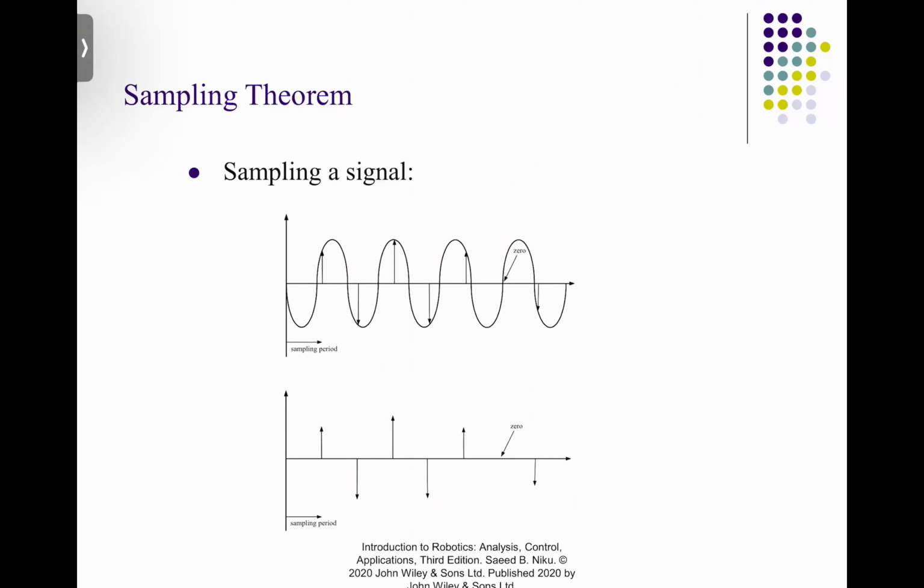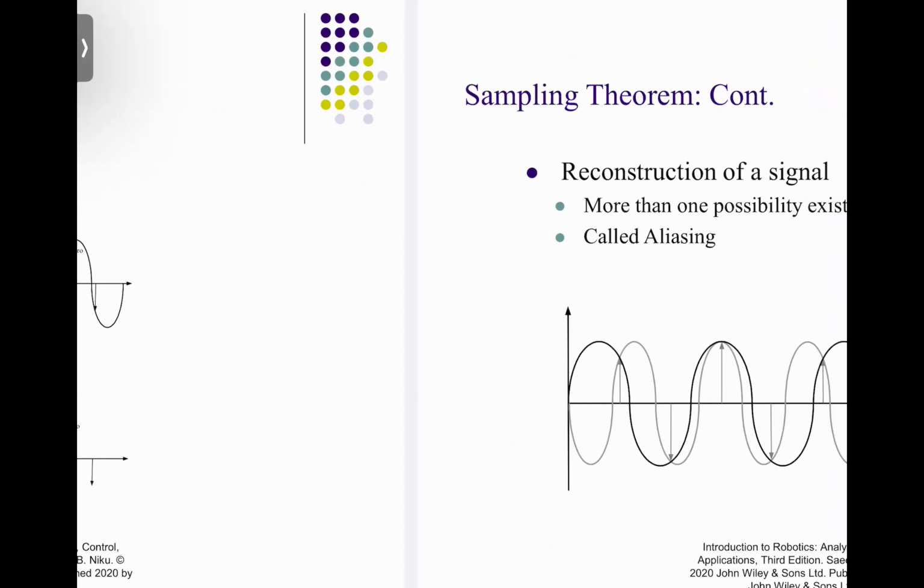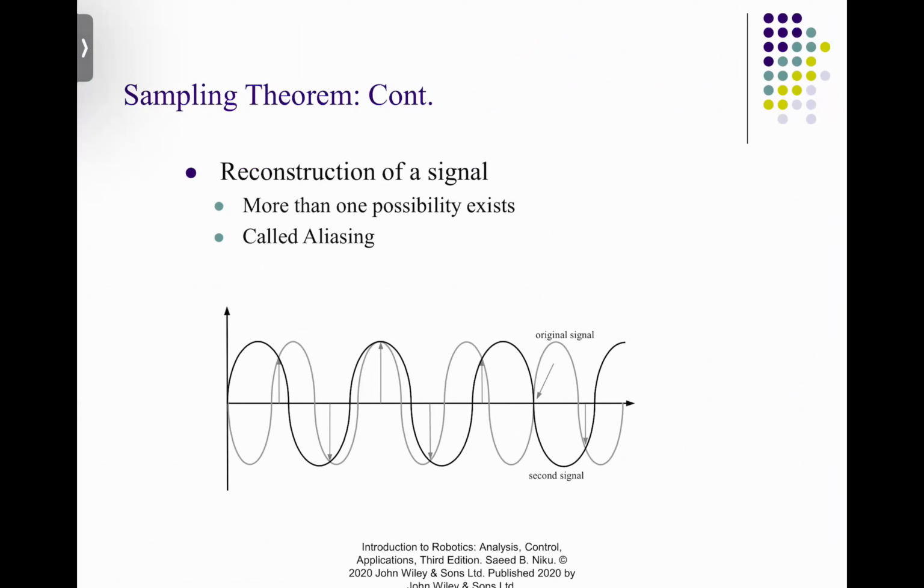If you take snapshots, you can plot that snapshot data and then reconstruct the signal. But the problem is, if your snapshots don't follow the sampling theorem or the Nyquist theorem, then the signal that you reconstruct may not look like the original signal.